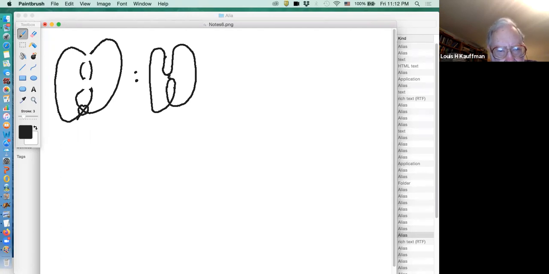Let's see. If I smooth this one, I will get a loop. If I smooth this one, I won't. I'm just used to drawing an example this way. All right, so we'll do that.